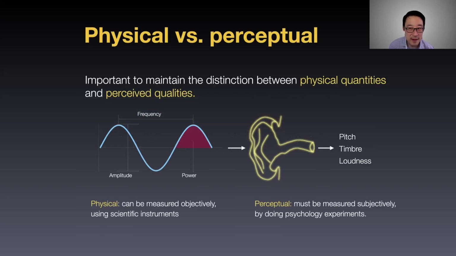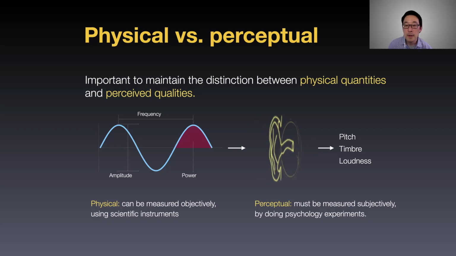So this is a slide I've returned to many times throughout the term. Again, the distinction between the physical things that we can measure and how we perceive those. This is the same slide I've shown before in terms of hearing: the things that we measure in a signal, frequency, amplitude, power, have a relationship to the things we perceive, pitch, timbre, and loudness.